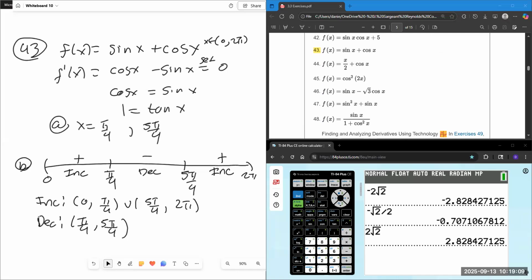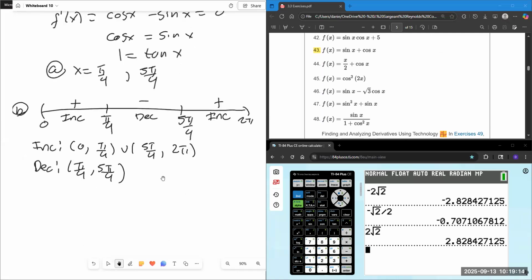So then we have a local max at pi over 4. And we can calculate that f of pi over 4 is sine of pi over 4 is root 2 over 2, plus cosine of pi over 4 is root 2 over 2, so that's root 2, giving us our local maximum at pi over 4, root 2.